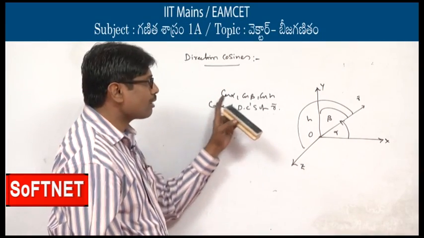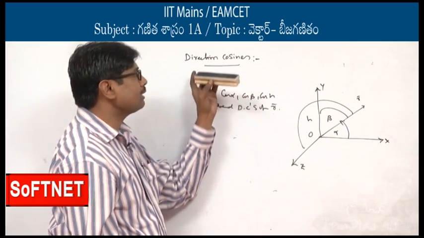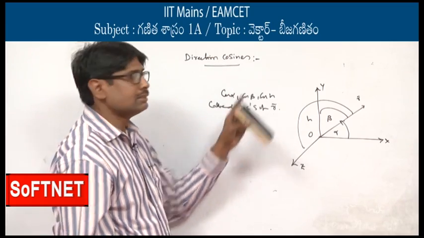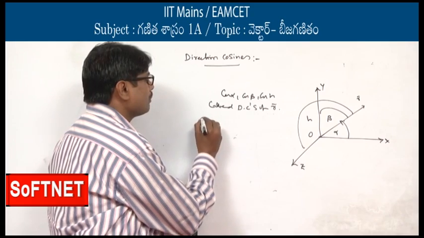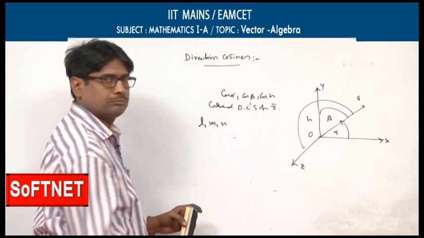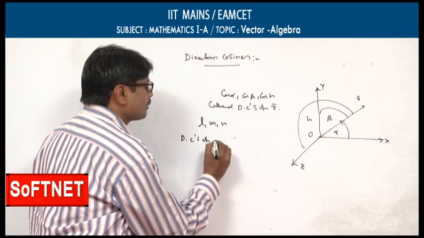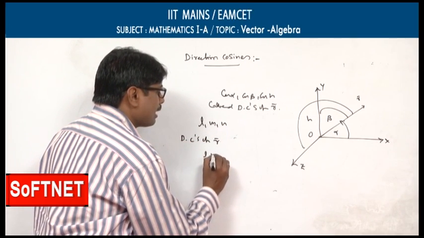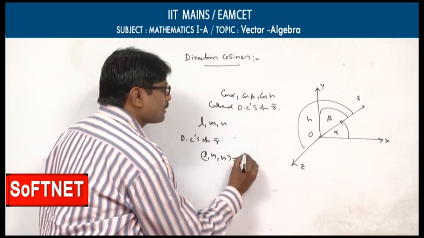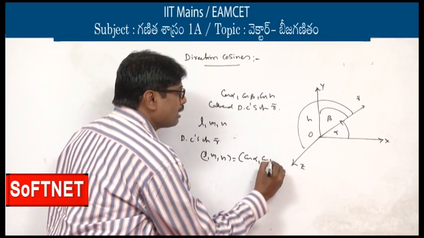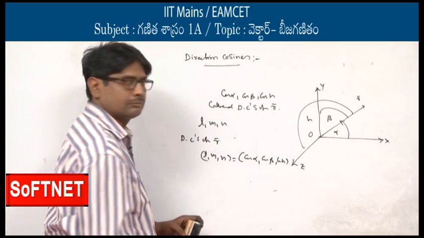Then cos alpha, cos beta, cos gamma are called the direction cosines of R bar. Generally they are denoted by l, m, n. Direction cosines of R bar, that is l, m, n, equal cos alpha, cos beta, cos gamma.